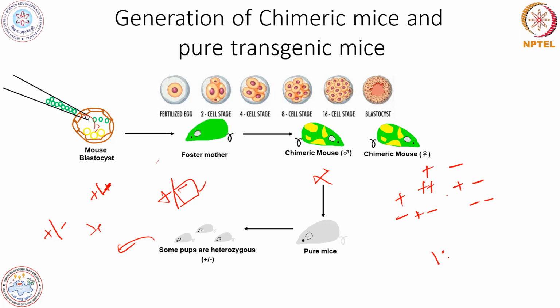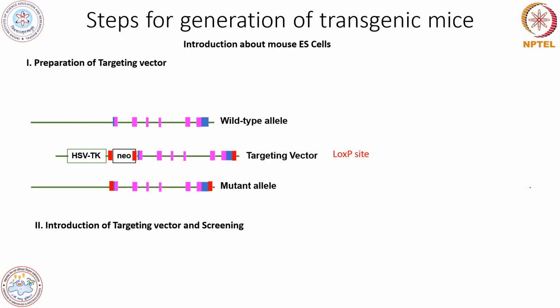So in a 1 to 2 to 1 ratio, out of 4 mice, one would be the double knockout, where both strands of the genome are mutated.